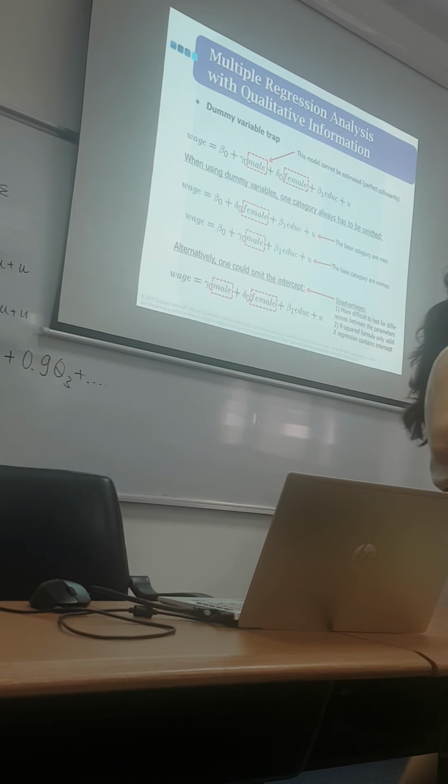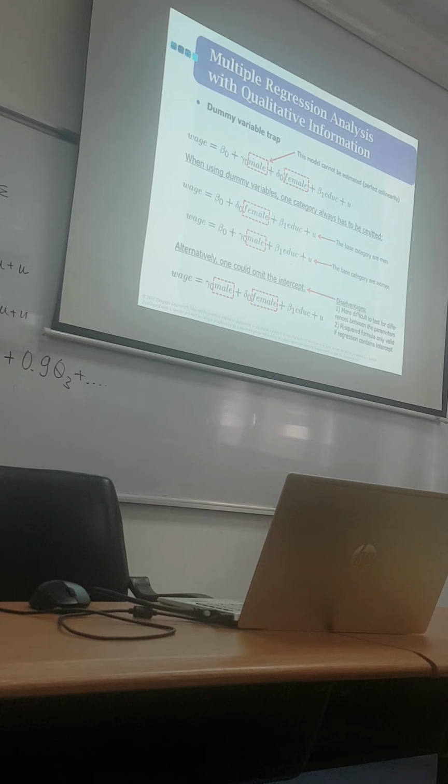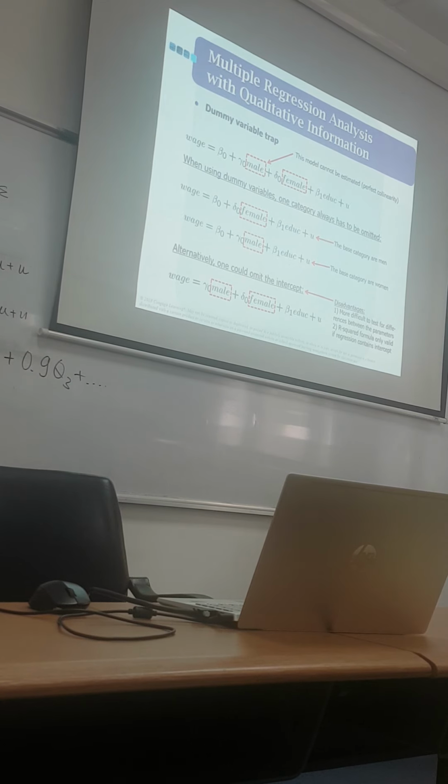If you got 12 months, you only include 11 month dummy variables. And if you want to see the effect of industry, and you got 10 industries, include only 9 dummy variables. And when you interpret, you're going to say the sales in industry 1 will be higher than industry 0, which is the base case.